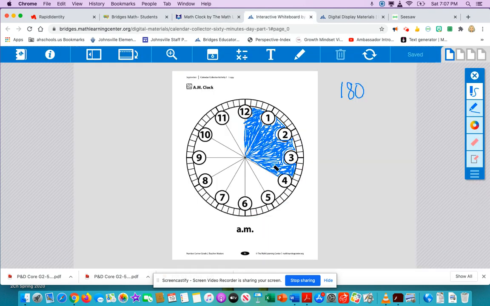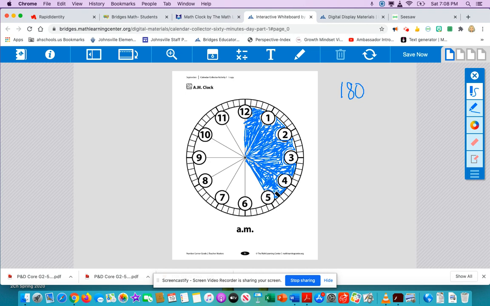We want to do the same thing here. So this is where we will color in our 60 minutes for the day, 1 hour. I'm just going to color it in quickly with this tiny little marker tool. Kind of messy, but I'm doing the best I can, right?